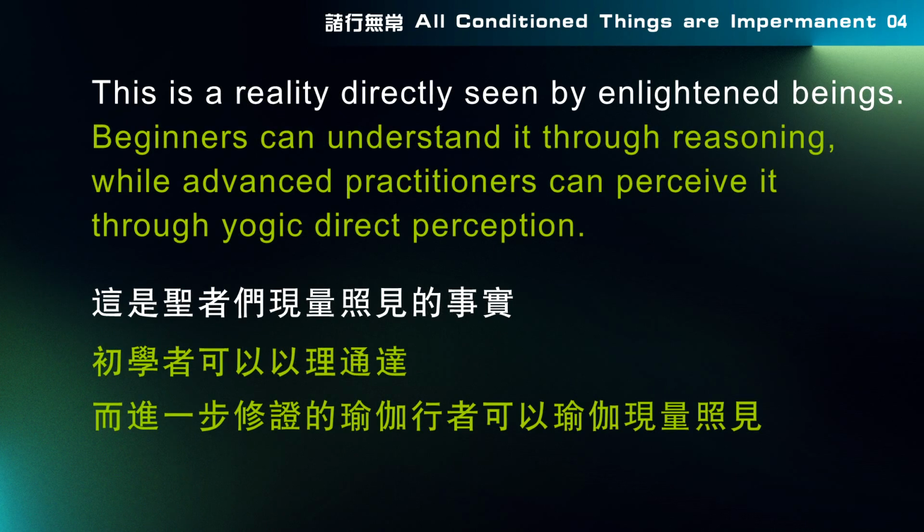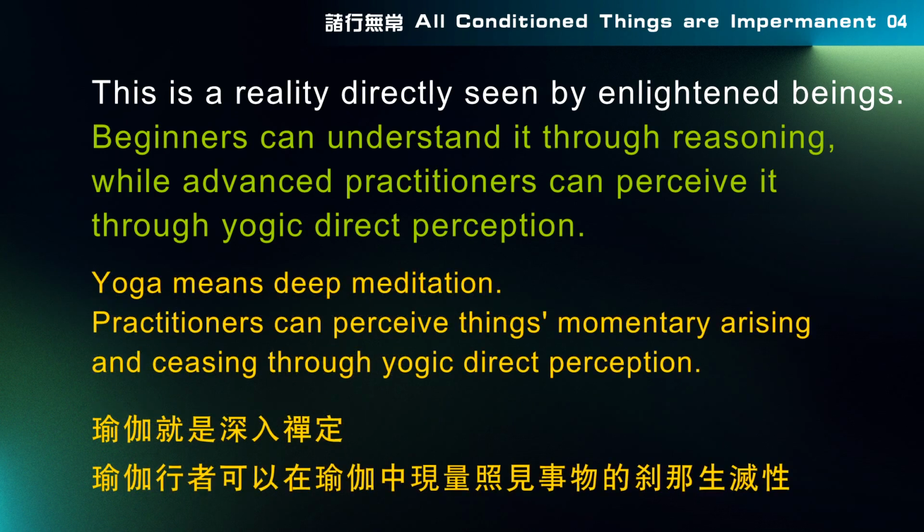This is a reality directly seen by enlightened beings. Beginners can understand it through reasoning, while advanced practitioners can perceive it through yogic direct perception. Yoga means deep meditation. Practitioners can perceive things' momentary arising and ceasing through yogic direct perception.